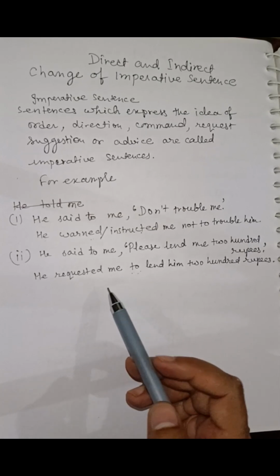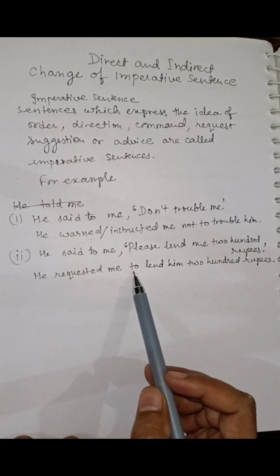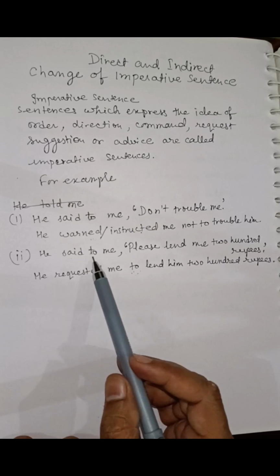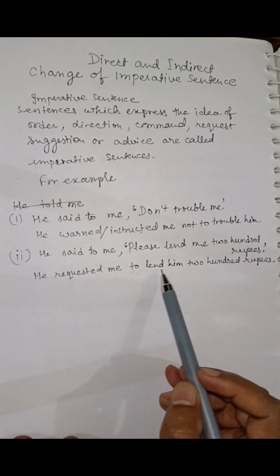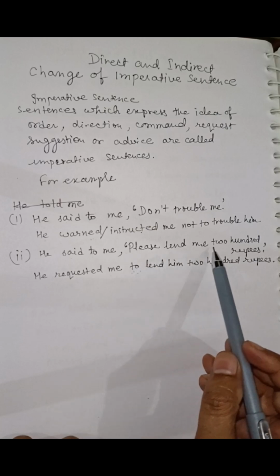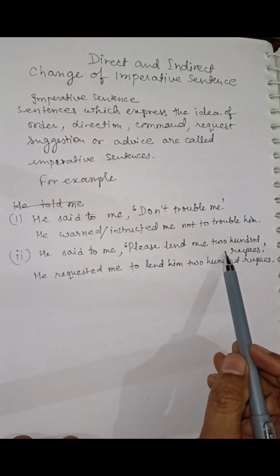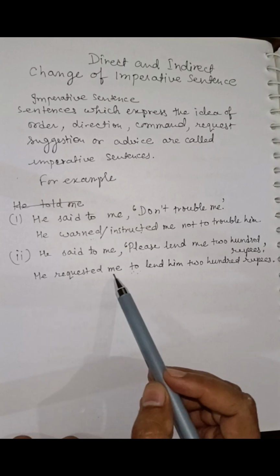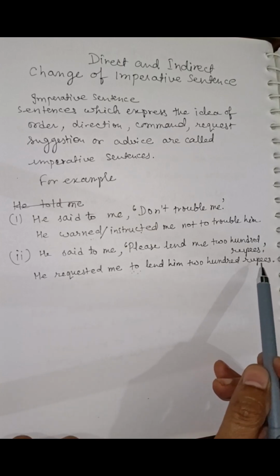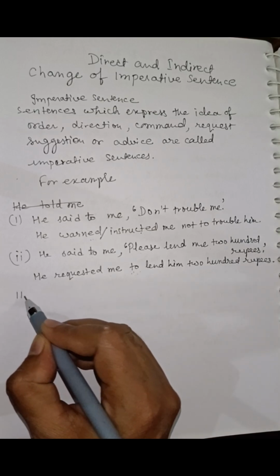But since we are here dealing with imperative sentences, we'll be using to remove the inverted commas. As I said, said to will change according to the mood of the sentence, and since please is used there, it's a request. So he requested me not to lend him 200 rupees. Right, we can take another example.